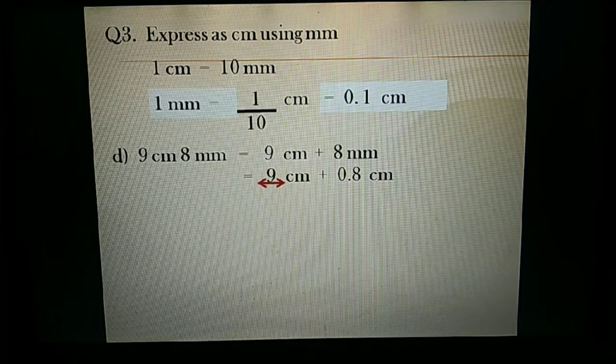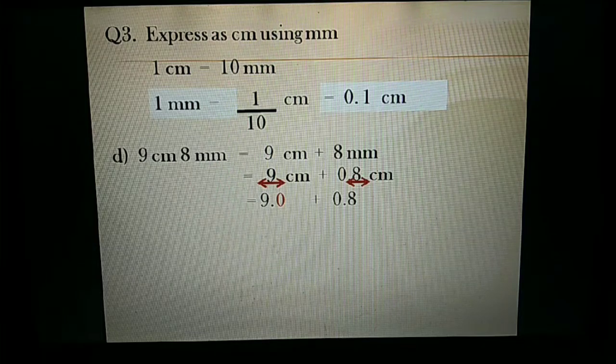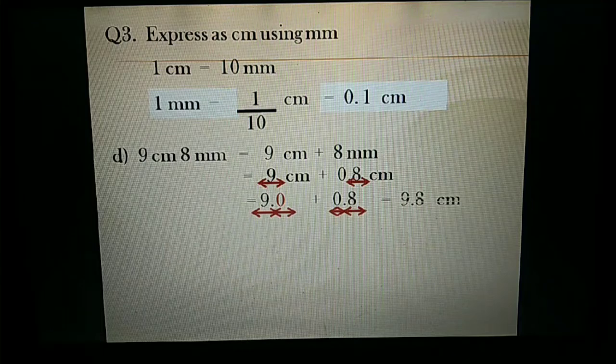Make a change in the first one as there is one digit in the decimal part in the second number. So we will put a 0 in the first number. Now both the numbers are like. Both are having one digit in the decimal part. Add whole to whole, decimal to decimal. Start from right. You will get the answer as 9.8 centimeter.